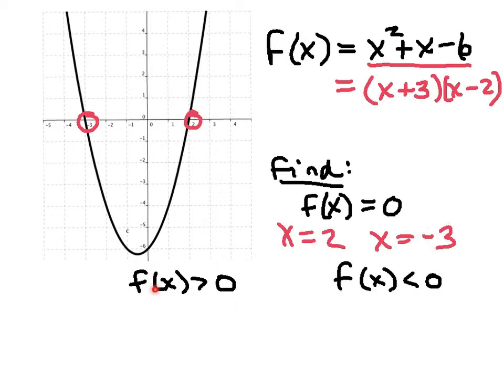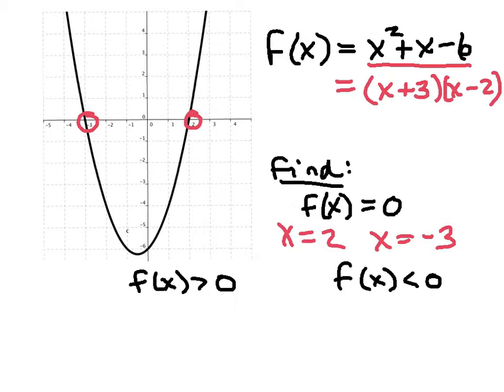Now, when I want to know when this function is greater than 0, in other words, when my function is positive, if it's greater than 0, the outputs are positive. Then I'm talking about this region up here. I want to know for what values of x is my function above the x-axis.